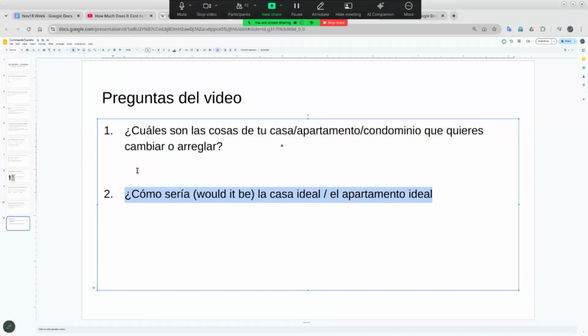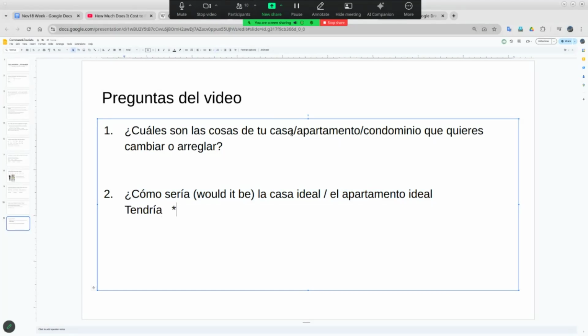¿Cómo sería la casa ideal o apartamento, el apartamento ideal? How would it be? Una casa ideal para mí tendría, it would have. I'm going to plug in here so that you can see this verb.